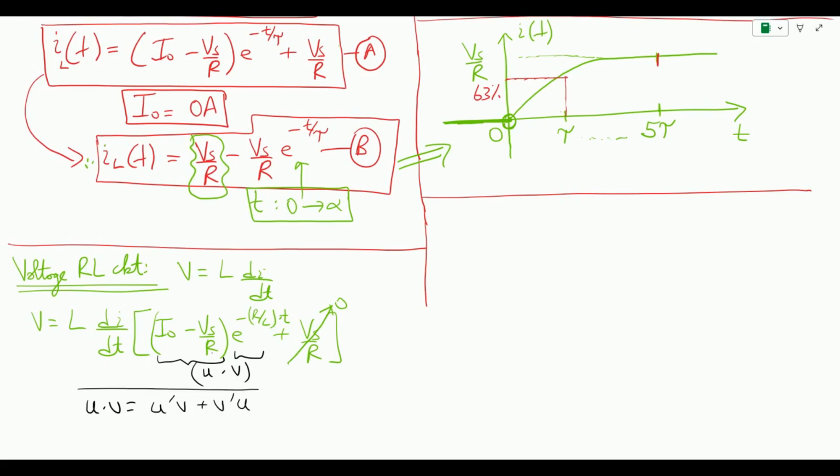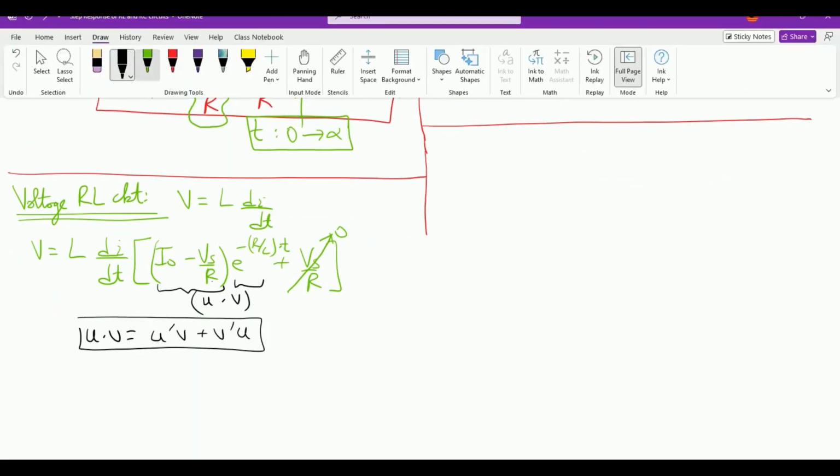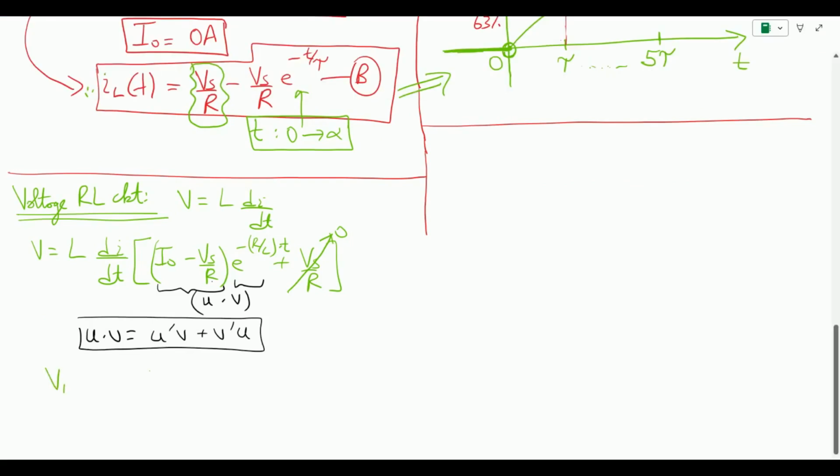When we apply this property, the final output equation for the voltage inside the inductor, VL of t, should come out to (Vs minus I naught R) e raised to the power minus R by L multiplied by t, for t greater than or equal to 0 plus.